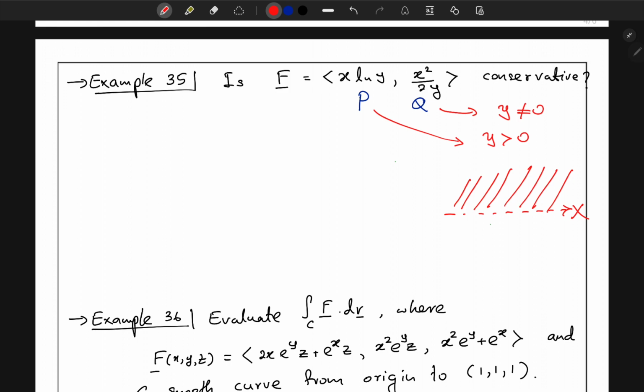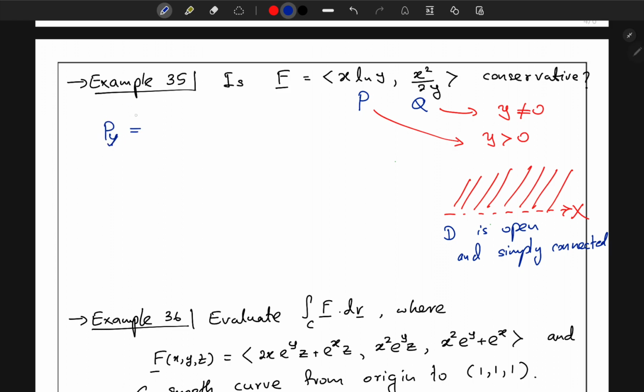Now this is open and simply connected, right? So this domain is open and simply connected. Now if we have this, we only need to check the cross partial property.